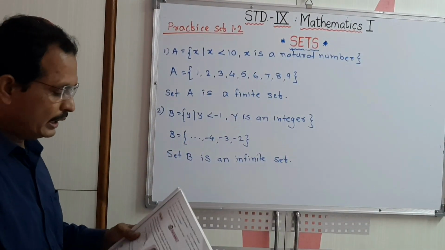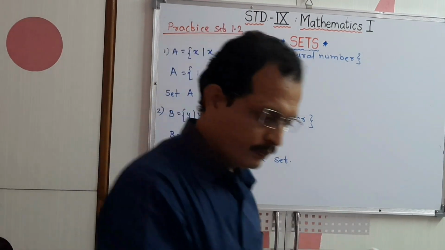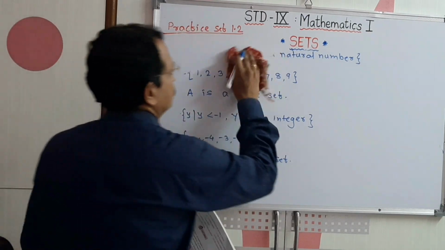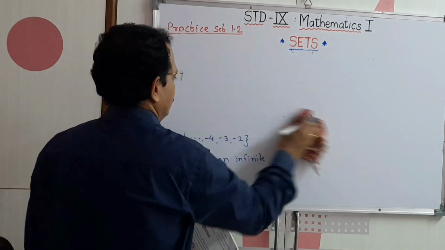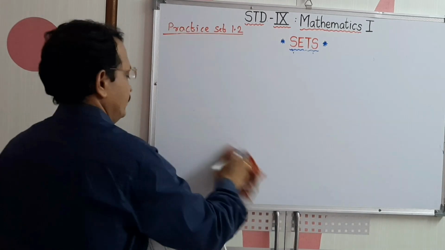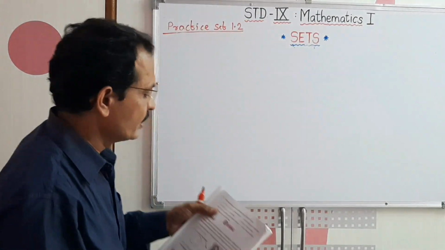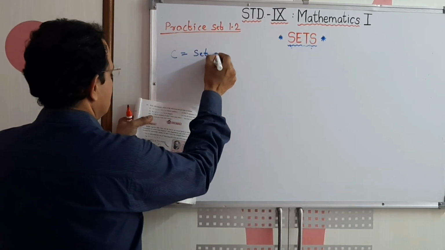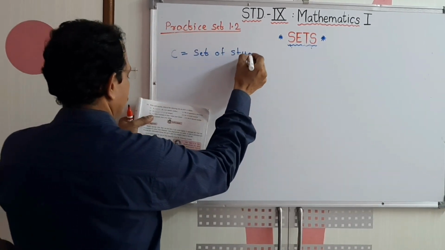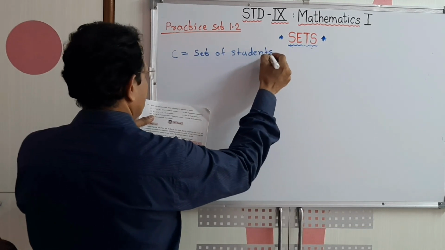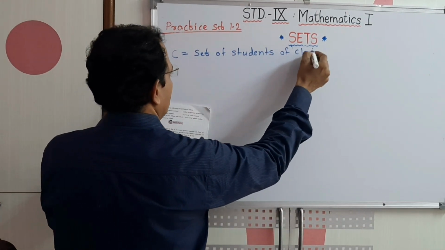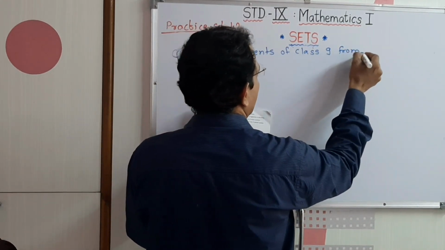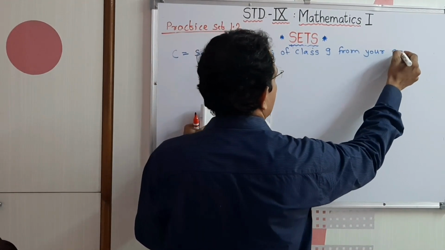Now let's see the third one. C is a set of students of class 9 from your school.